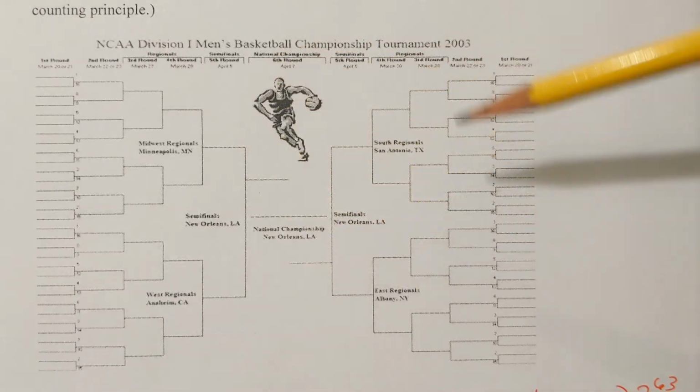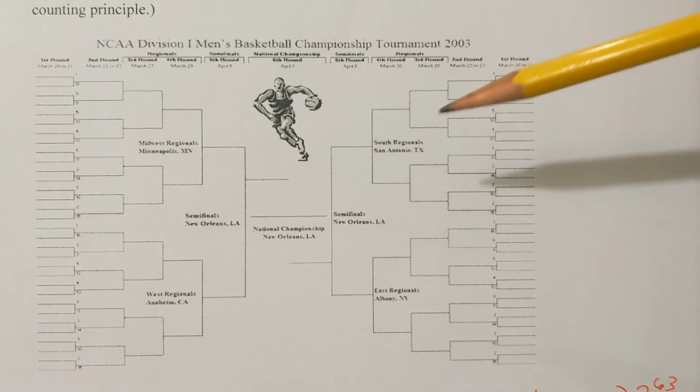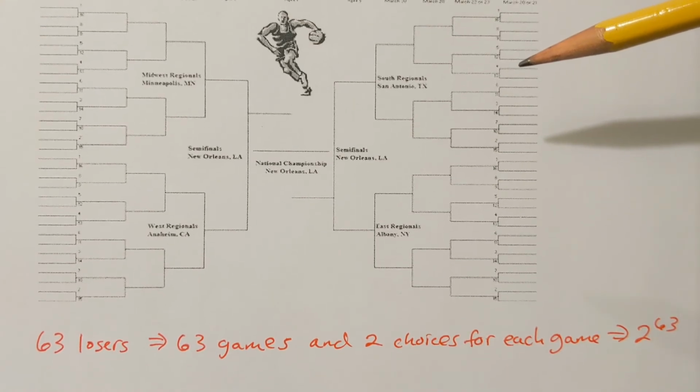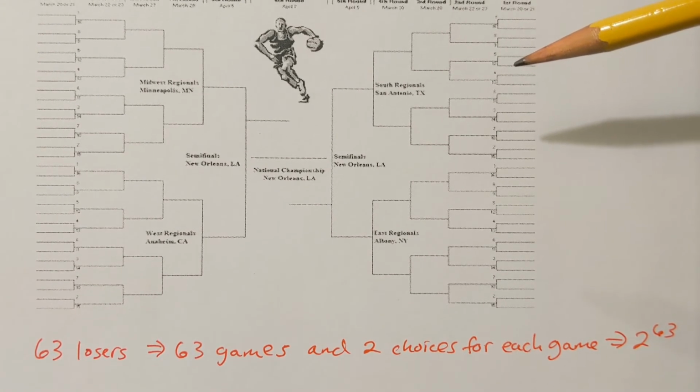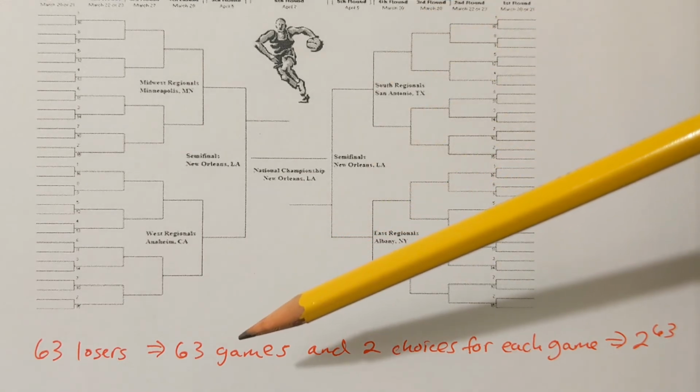So here's an example of a blank bracket sheet, what that looks like. The thing to see here is that there's 64 teams that are in the tournament. So 63 of those teams are going to be losing teams.